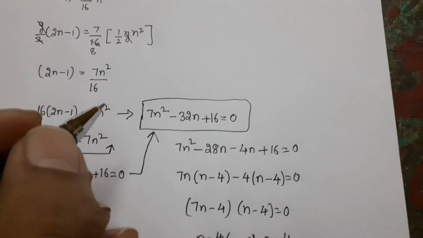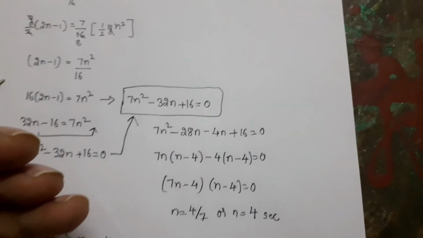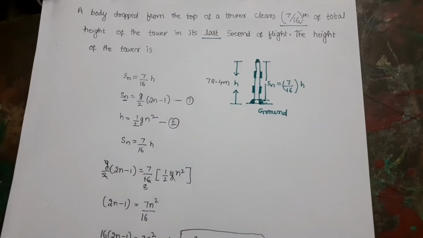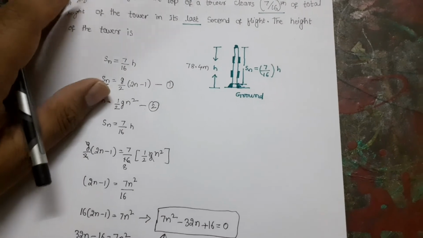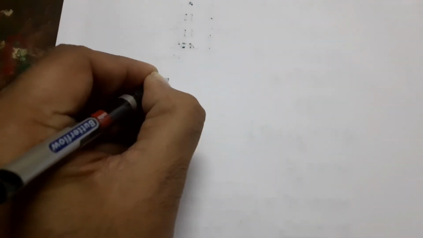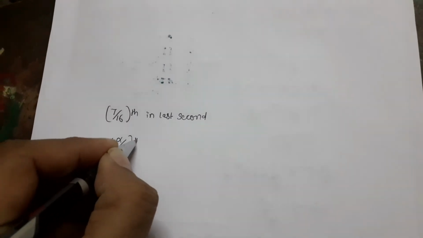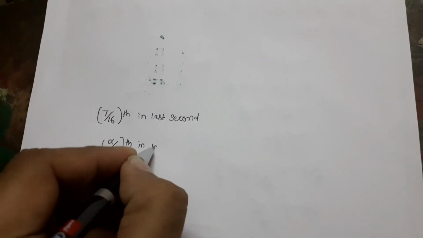So what I will do is I will assume that the body is clearing, say, alpha by beta. Let us assume that in the previous question we have assumed that it is 7/16 in the last second. So I will assume that it is clearing alpha by beta in the last second.